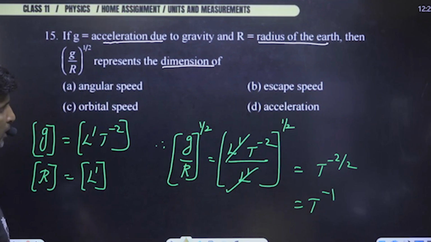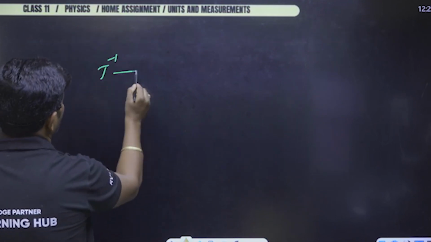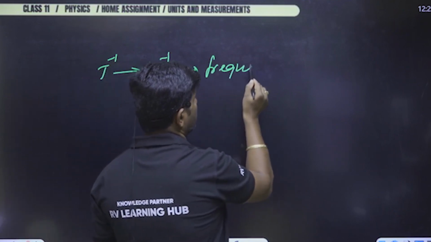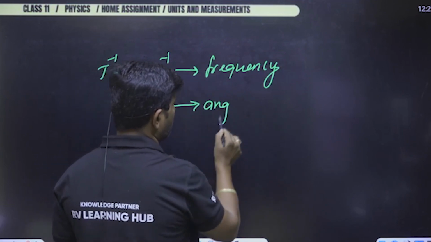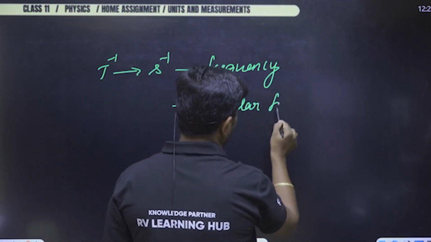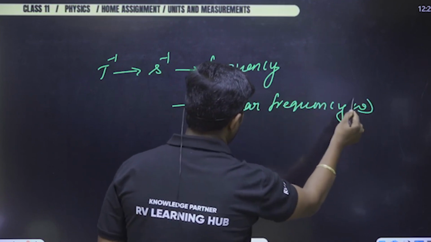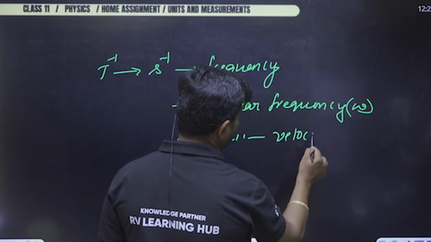T power minus 1 is nothing but per second. Per second indicates frequency, or angular frequency, that is omega also, or we can also call it angular velocity.